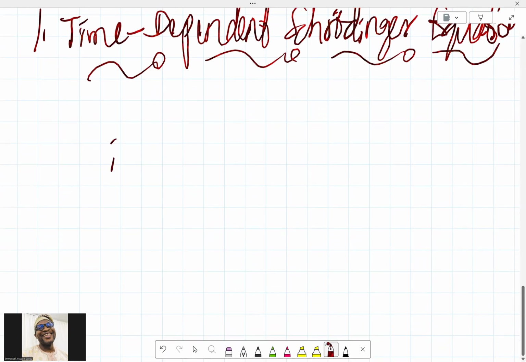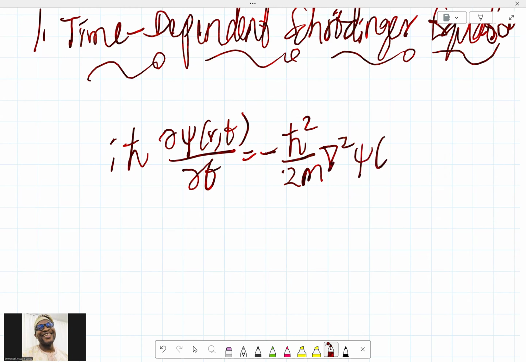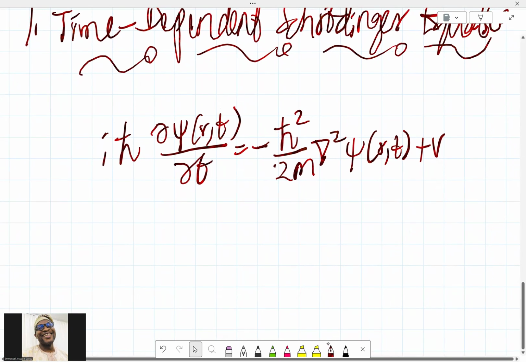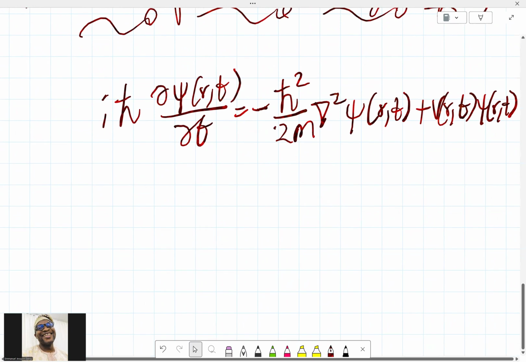So this is i h bar partial psi of r comma t over partial t equals minus h bar squared over 2m grad squared psi of r comma t plus V of r comma t psi of r comma t. So that is the time-dependent Schrödinger equation.